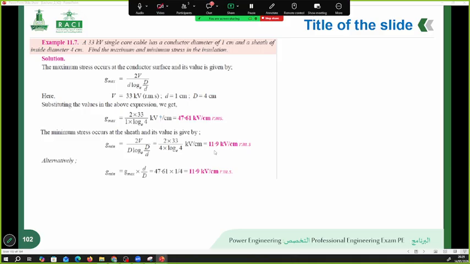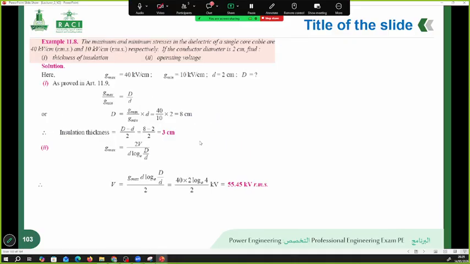Overall, the example highlights how electric stress is non-uniformly distributed across cable insulation, being highest near the conductor and decreasing toward the inner shields, which is a critical consideration in the cable design and installation reliability.